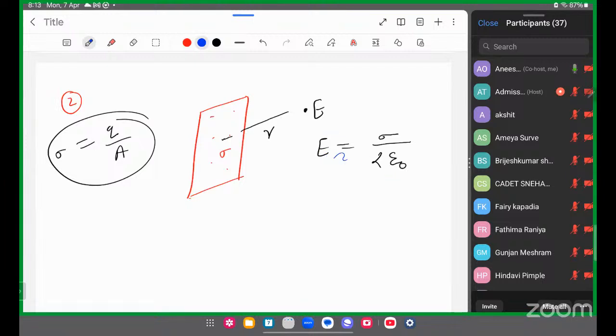And in the formula of E, there is no involvement of r, which simply means in case of an infinite plane sheet, electric field E is independent of r.